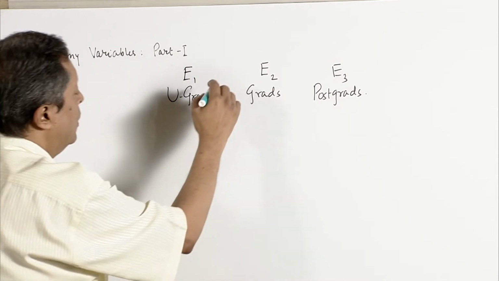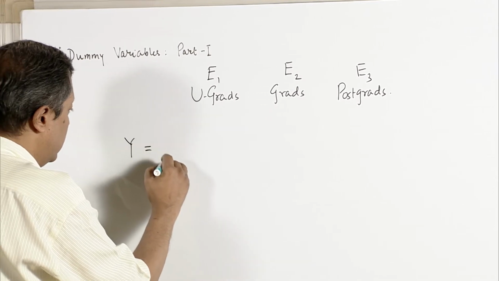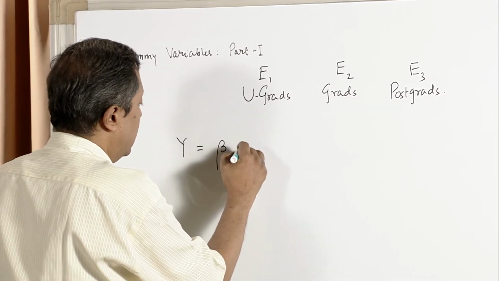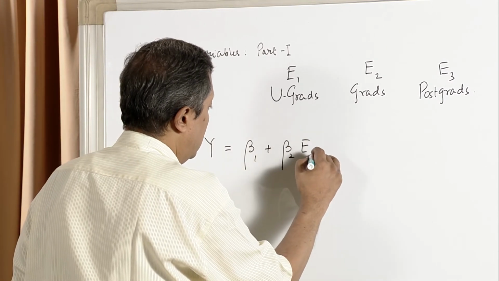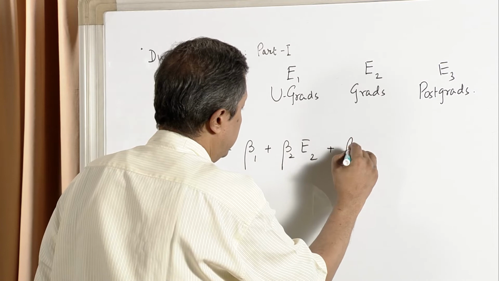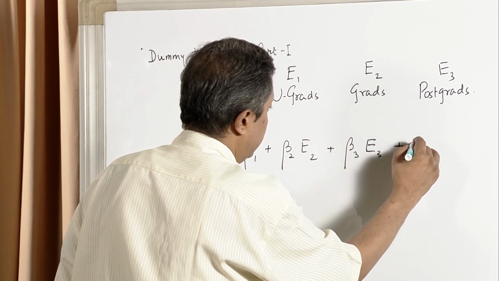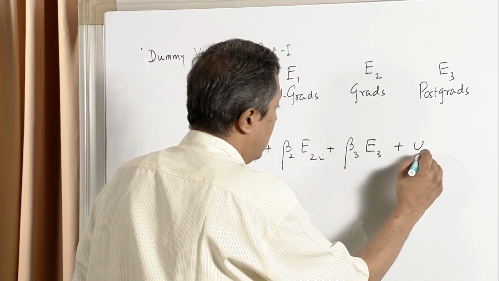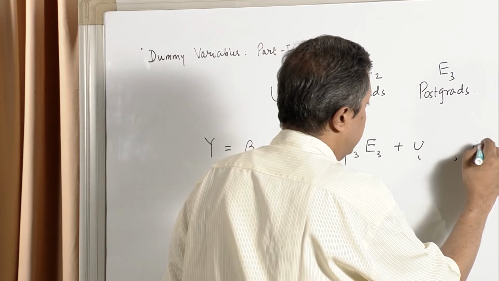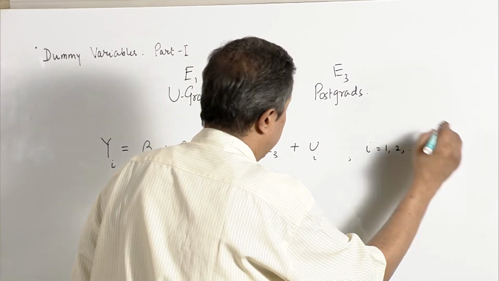So, in the regression model, however, we will write y is equal to beta 1 plus beta 2 E2 plus beta 3 E3 plus u, and we put the subscript i for the ith observation, that is i running from 1 up to n.